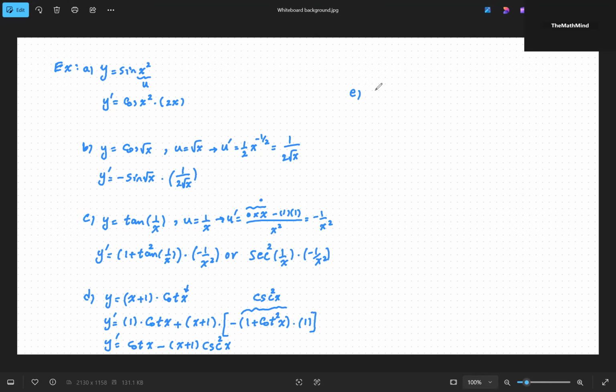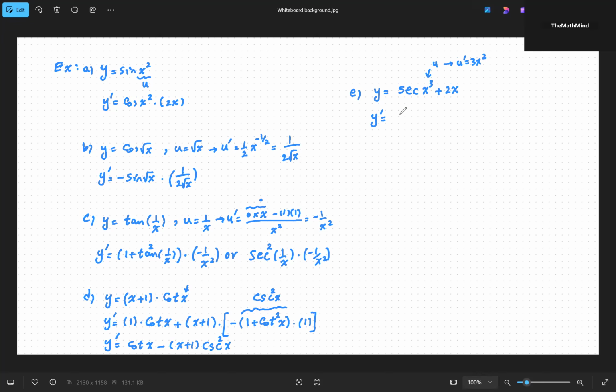Another example for secant, for example, we have y equals secant x to the power of 3 plus 2x. It's a sum of two functions, so we need to take the derivative of each one and then add. So, derivative of secant u. And what is u here? u is x to the power of 3, and then u prime will be 3x squared using the power rule.